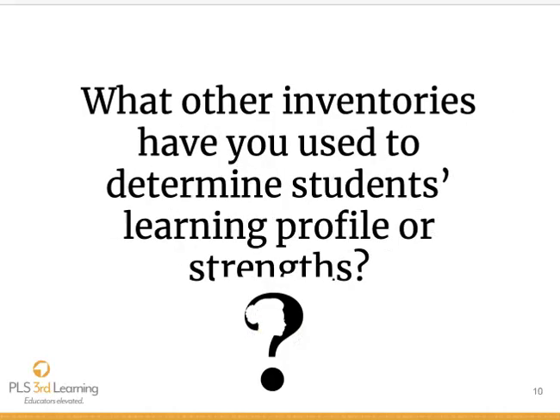What other inventories have you used to determine students' learning profile or strengths? PLS Third Learning has a kaleidoscope profile that determines an individual's sensory style, cognitive style, and temperament style for grades K through 3, 7 through 12, educator, and the workplace.